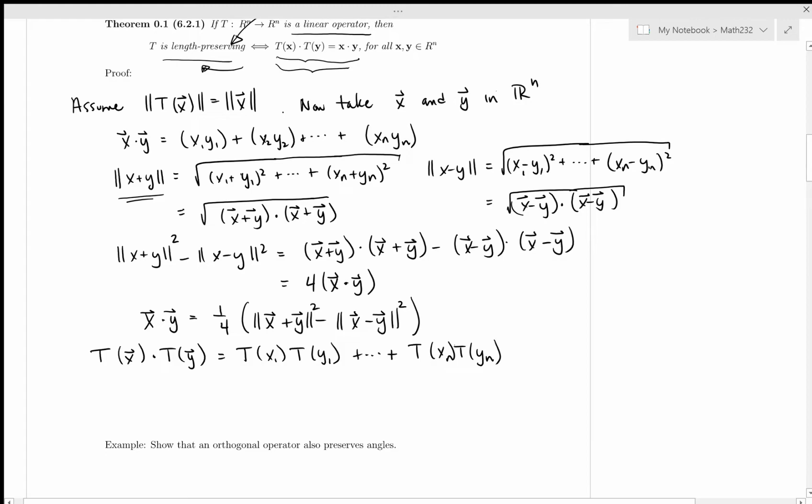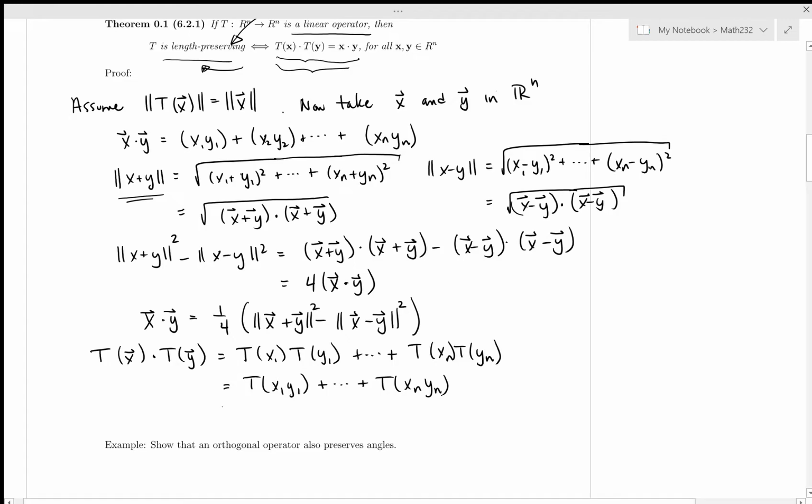Then that will be equal to the transform of x1 y1 plus dot dot dot plus the transform of xn yn. And what is that?